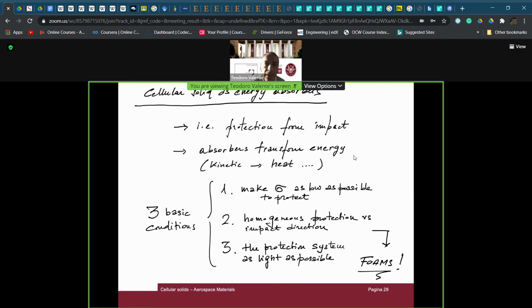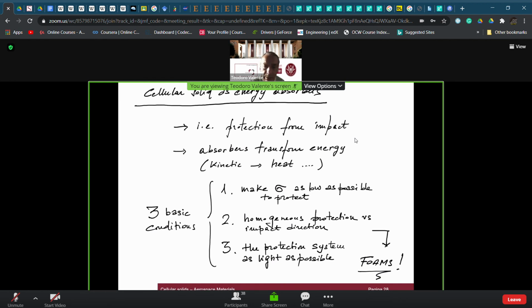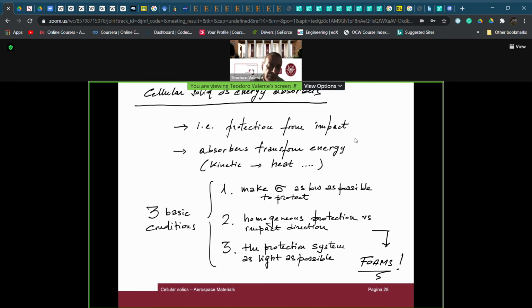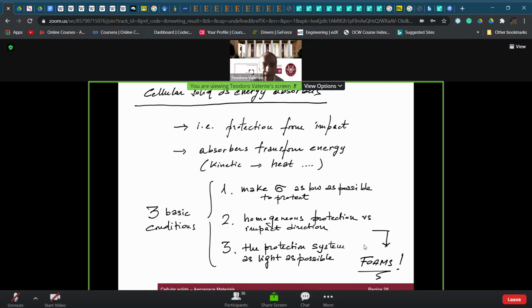We have all the basis to understand what we will start to discuss from the next lesson, next Friday, which will tell us why and how these kinds of materials are very interesting to be used, for example, as energy absorbers. But this will be the topic of our meeting next Friday. So for today, I think we can stop here.